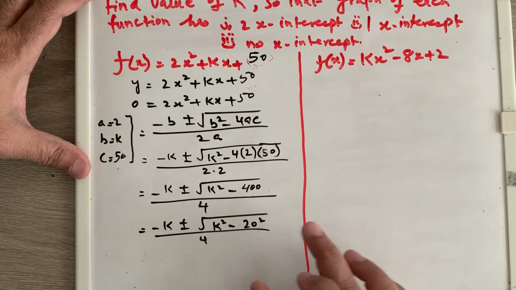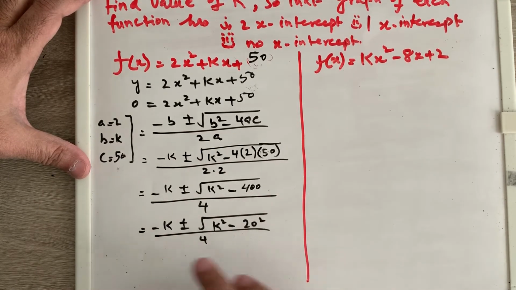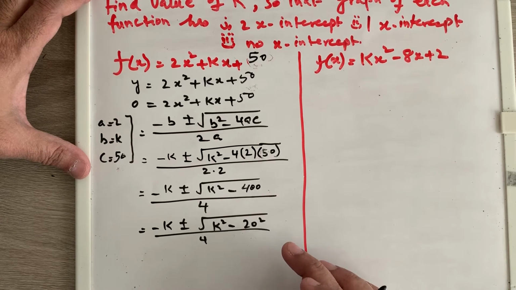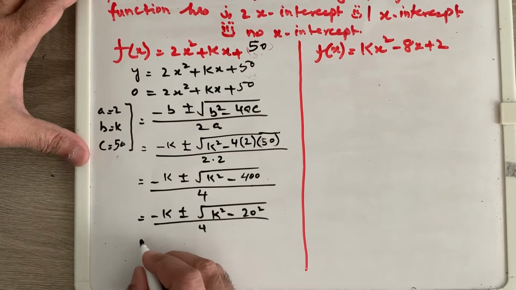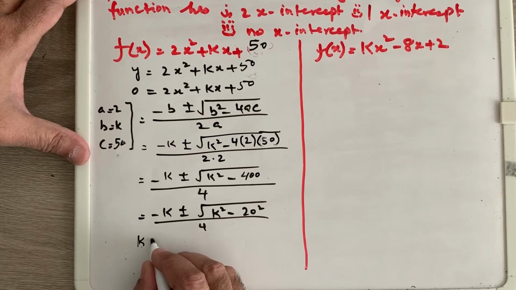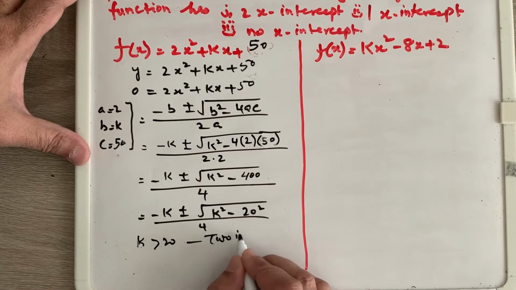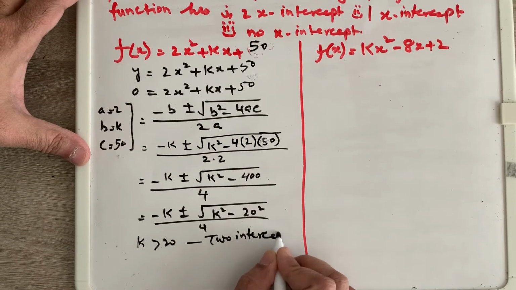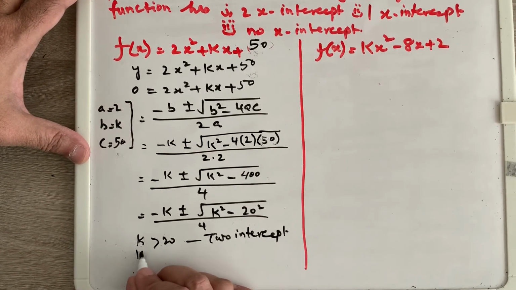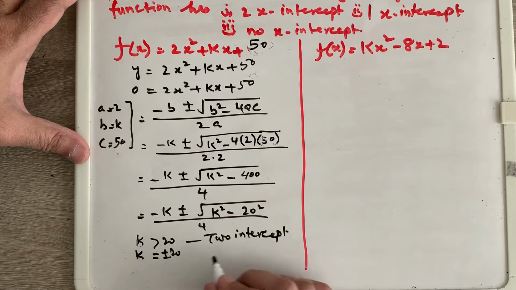So this way we have to see how we are getting 2 intercepts, 1 intercept, and no intercept. If my k is greater than 20, I will have 2 intercepts. If my k is equal to plus minus 20, I will get 1 intercept.